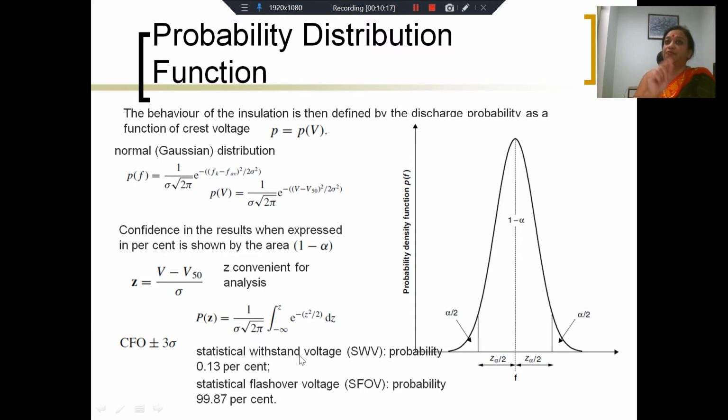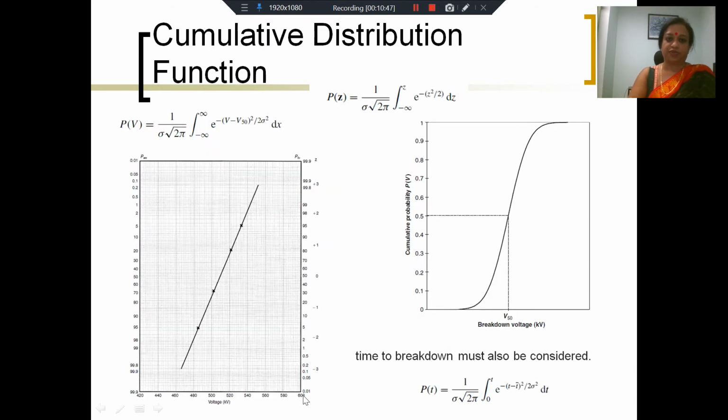Here, the probability of withstand is very high and the probability of flashover is only 0.13%, whereas at the statistical flashover voltage, the probability of flashover is very high and withstand is very low: probability of flashover is 99.87%, probability of withstand is only 0.13%. So these are certain parameters we work with.